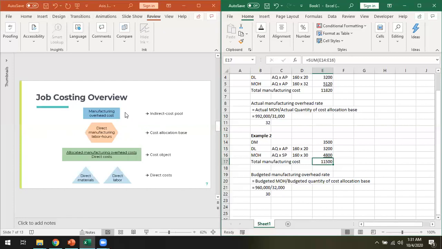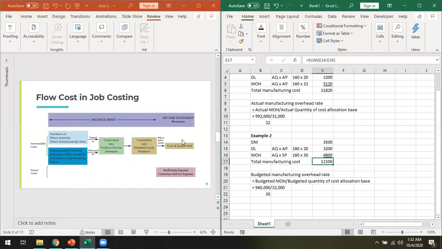Manufacturing overhead cost in this case is the indirect cost pool. By dividing these two numbers, we get the budgeted manufacturing overhead rate that we use to find the allocated manufacturing overhead cost. If we sum these two numbers, the allocated manufacturing overhead cost and the direct cost, we could get the total manufacturing cost of the cost object.